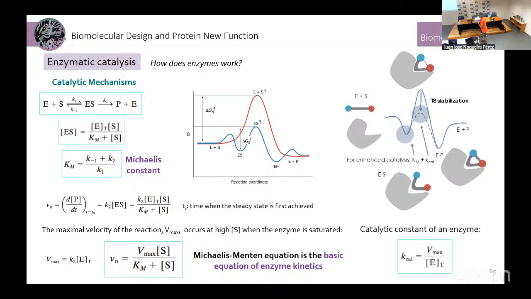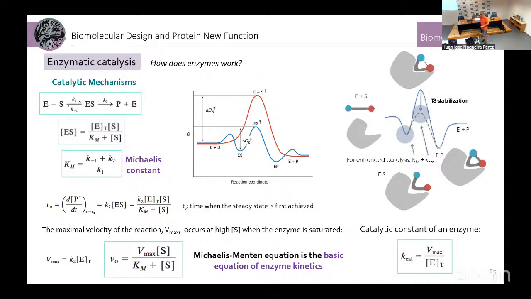I just want to use these concepts here to define the affinity of the substrate, so the binding of the ligand, and the catalytic constant of the enzyme, the Kcat, that we can directly relate to the chemical step, so the stabilization of the transition state or destabilization of the reactant complex.